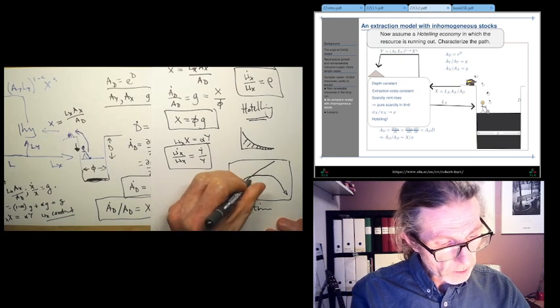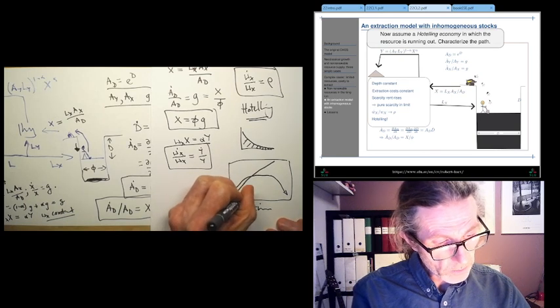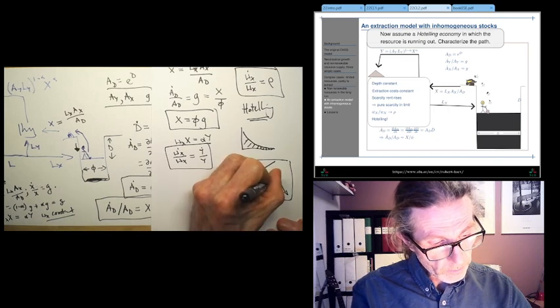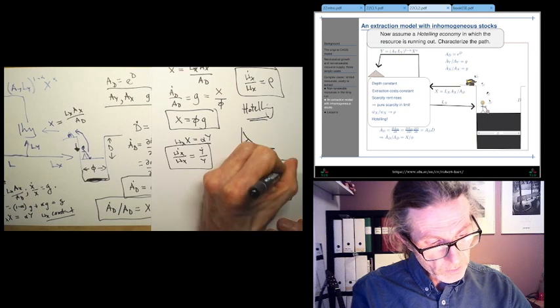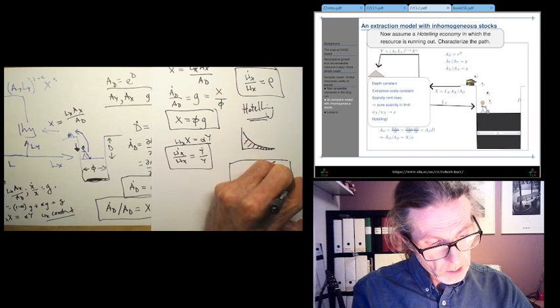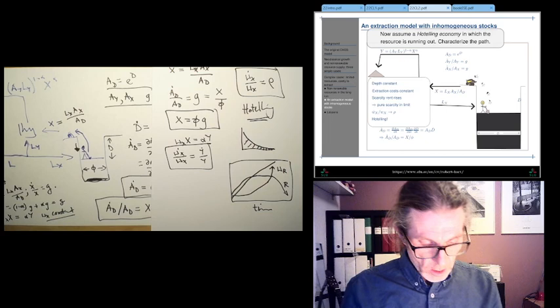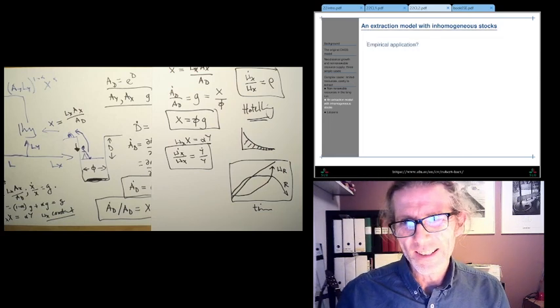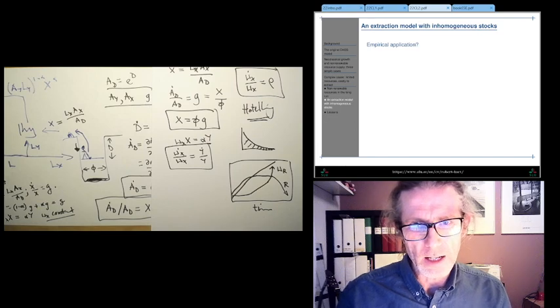Resource price, in this phase the resource price is constant. In this phase it's going up. In this phase it's going up even more steeply. Okay, that's the model, and I'm going to stop there.